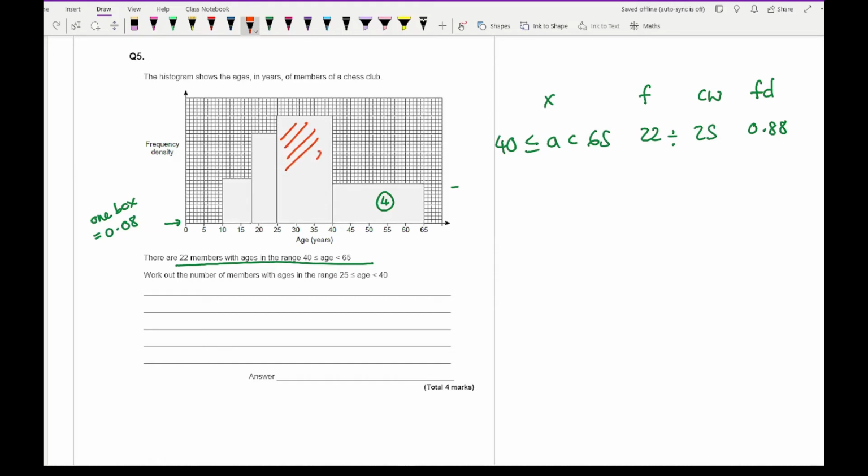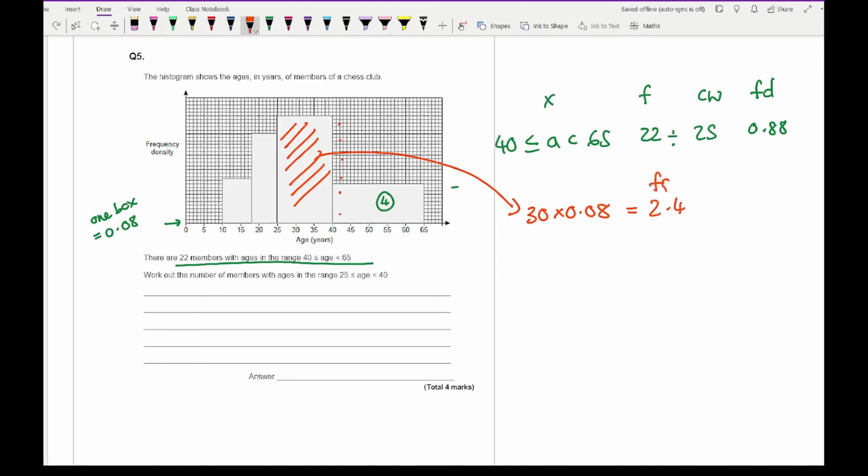This is what we're wanting. Now the area of that block is, if we count how many squares it goes up, that goes up by 5, 10, 15, 20, 25, 30. So it's going to be 30 times 0.08, which is 2.4.